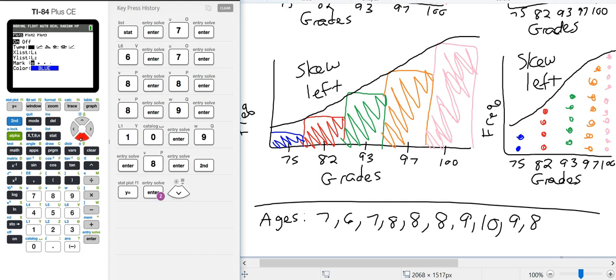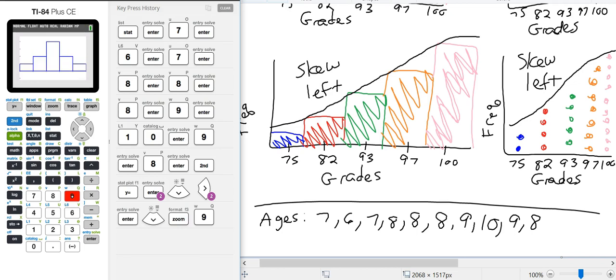We're going to scroll down to Type, and we're going to the right arrow until we highlight the histogram picture and press Enter. Our X list, the list of our values, is in L1, so that's correct. Our frequency we leave as 1. Color doesn't matter, we could do blue. Then we're going to press the Zoom button, and we're going to do Zoom 9 for Zoom Stat, Zoom Statistics.